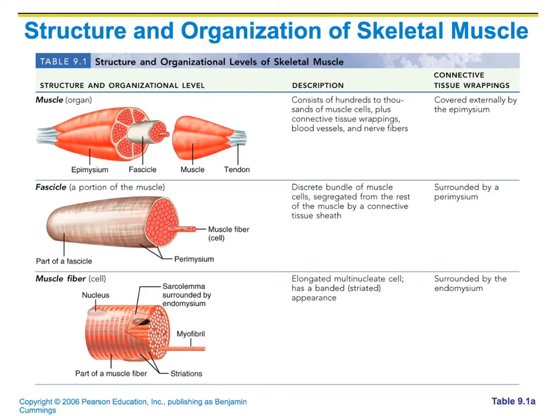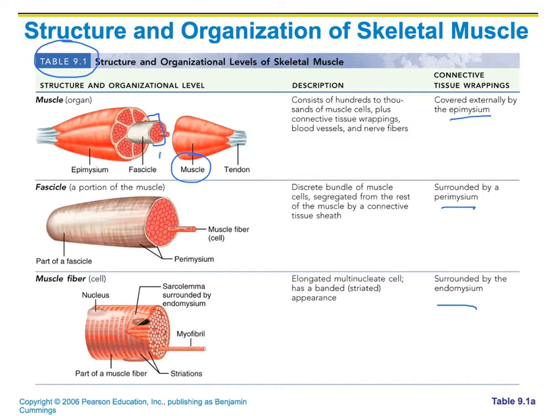Again, I mentioned this figure, table 9.1 in your book. I would really open up that textbook, dust it off, and look at it. Look at this figure in it. Here's our 3 connective tissue wrappings. Here's our ham, or our muscle. Inside that muscle is our fascicles.